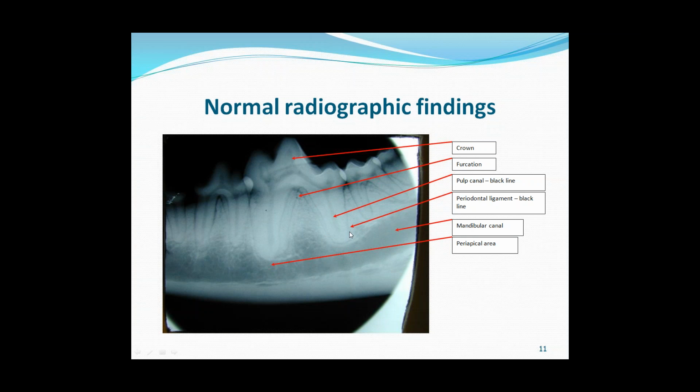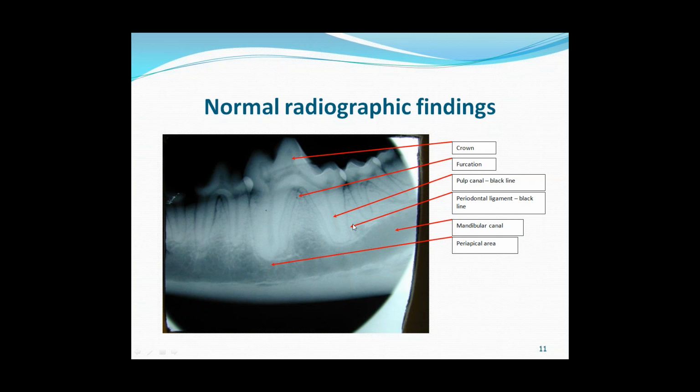So the main factors with a healthy tooth is that you have healthy bone around each root. You don't have any lucencies in the periapical area, so you have a consistent ligament around each tip of the root. You have a regular, healthy black radiolucent line running down the middle of the tooth root, which is the pulp canal.